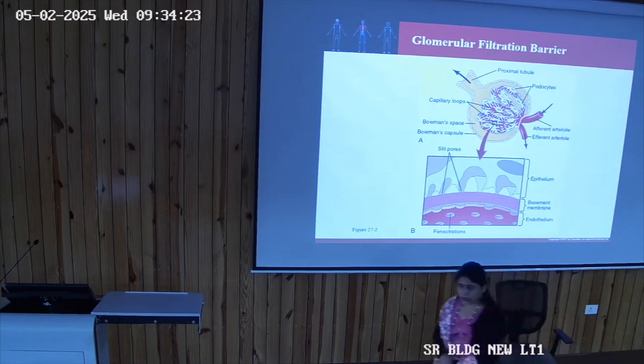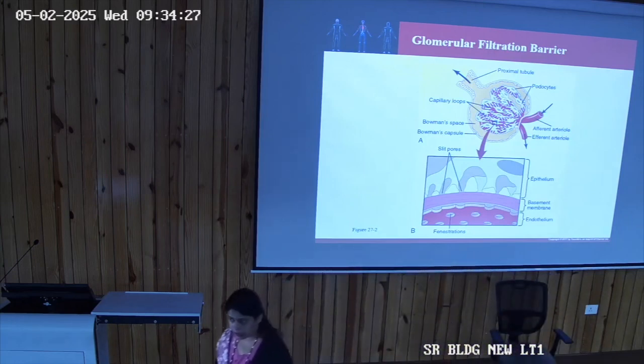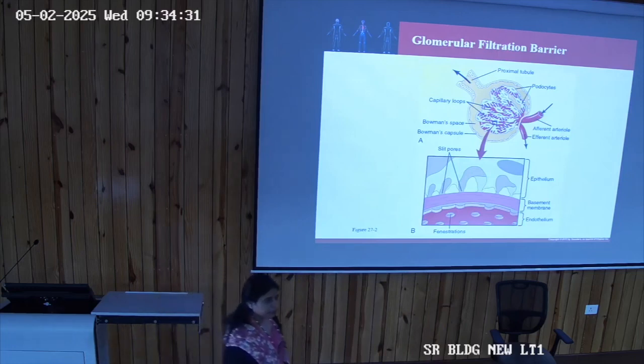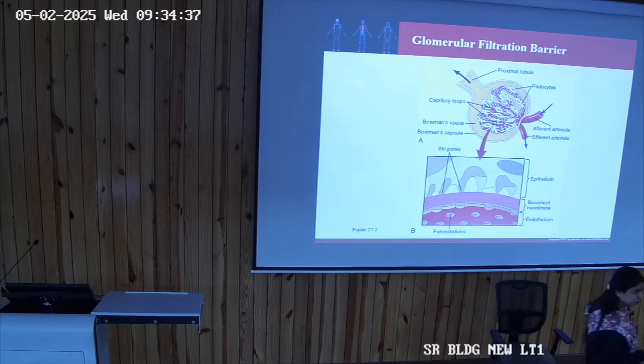What do you mean by the filtrating membrane? It is the endothelium lining of the glomerular capillaries, okay, basement membrane plus the visceral layer of the Bowman's capsule. Here, what is Bowman's capsule? It is the blind beginning of the nephron. It is a funnel-shaped structure, and this blind structure has two layers, the visceral layer and the parietal layer.